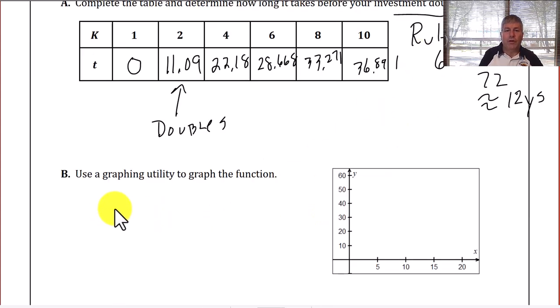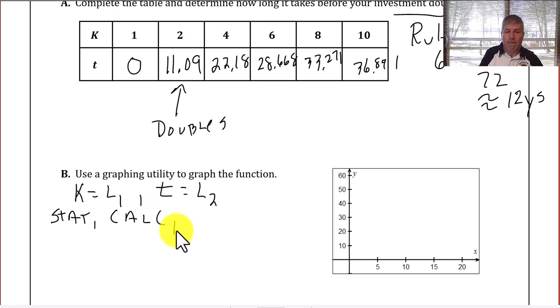We can use our graphing utility to graph the function. We can make our K values, we'll input those in list 1. We'll put our t values, we'll put those in list 2, and do stat, calc, and exponential, and then we would get a function as well for what those are.